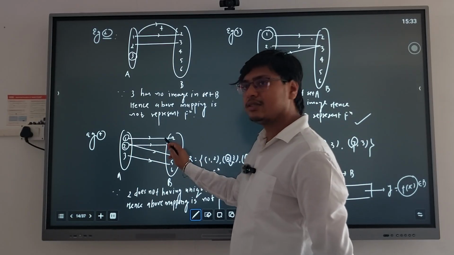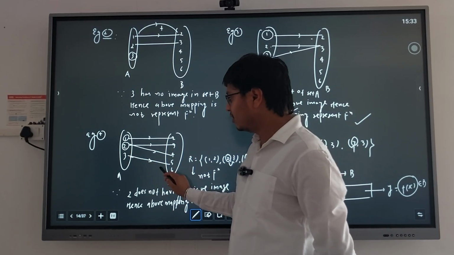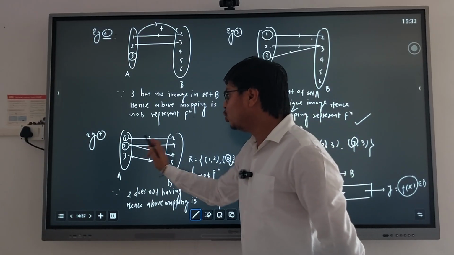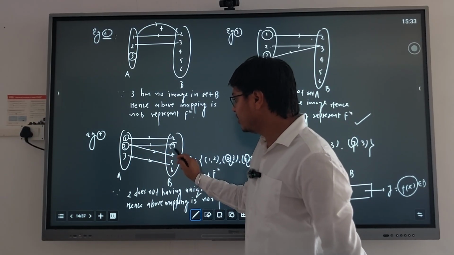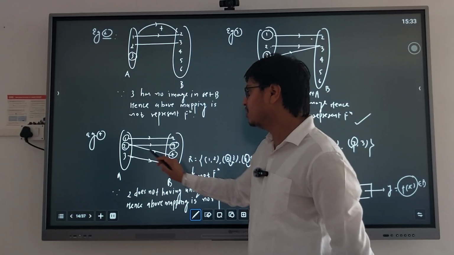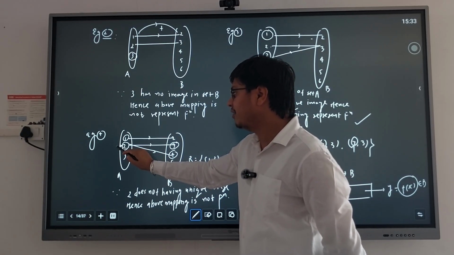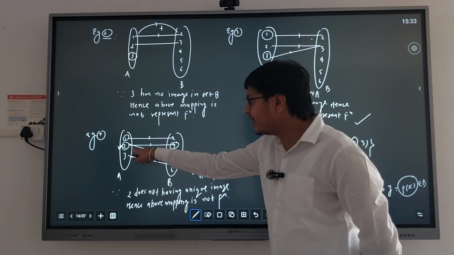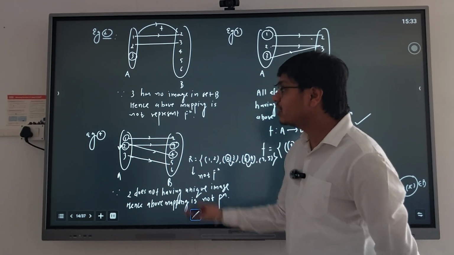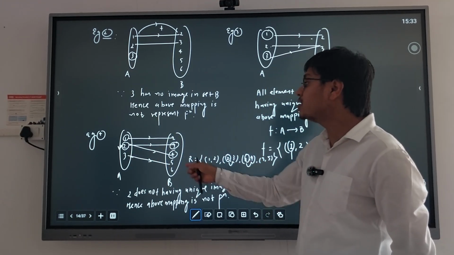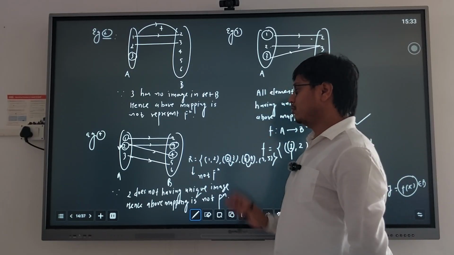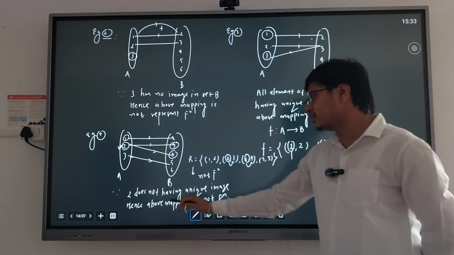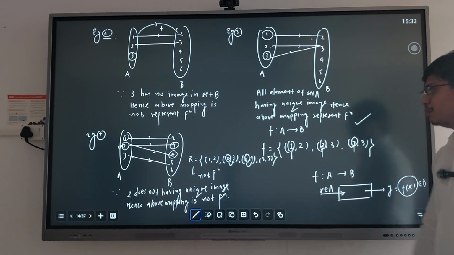For 1 and 3 only one arrow is drawn, that is a single image, but the element 2 has two images, more than one image: 3 is an image of 2 and 4 is also an image of 2. So the element 2 has more than one image, and that's why it is not a function. When any element of set A has more than one image, it is not a function, because that element does not have a unique image. Okay, so 2 does not have a unique image, hence the above mapping does not represent a function.